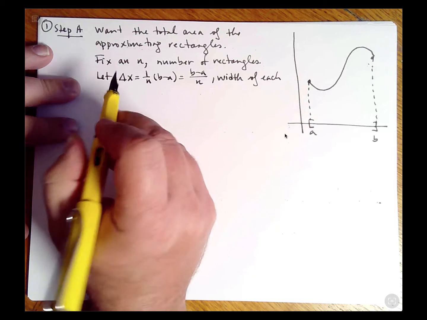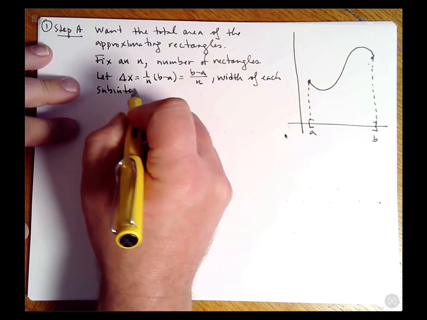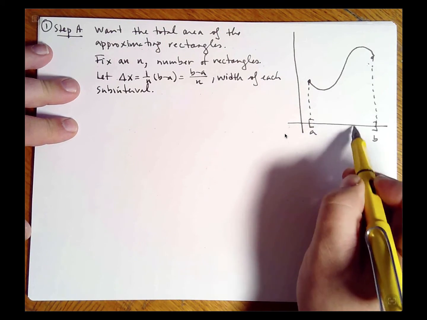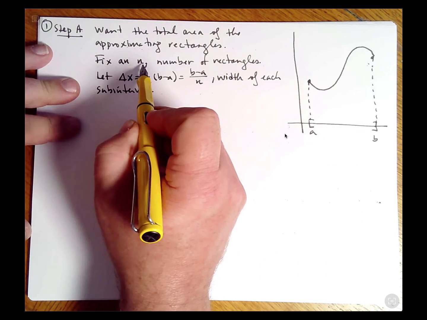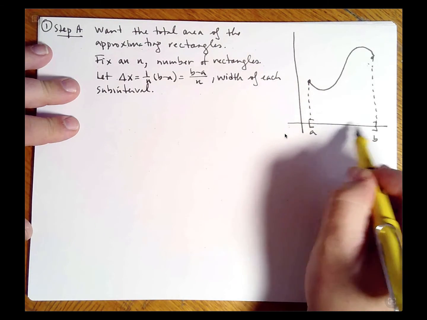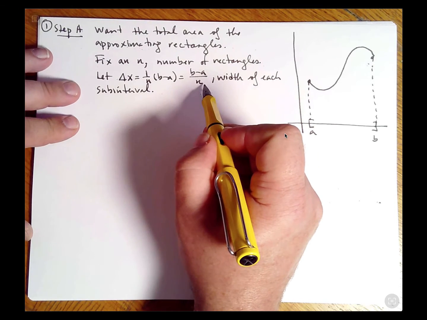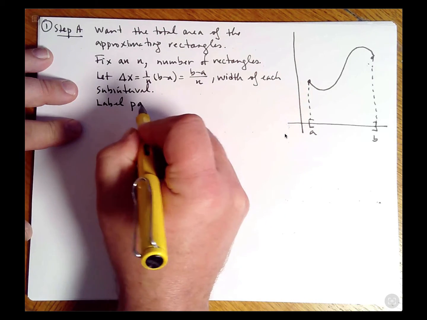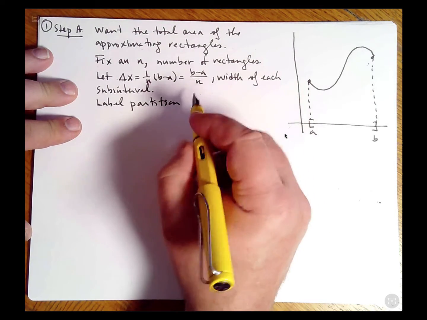But the way I'm going to think about it right now for this moment is I'm thinking in terms of this interval here, and I'm chopping this interval up into pieces. I'm chopping it up into n pieces of the same width, and the width is going to be delta x. So each of my subintervals here is going to have width b minus a over n. In the places where I cut my interval into subintervals, I'm going to call these partition points.